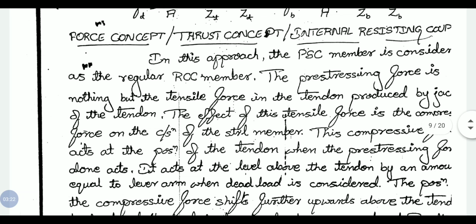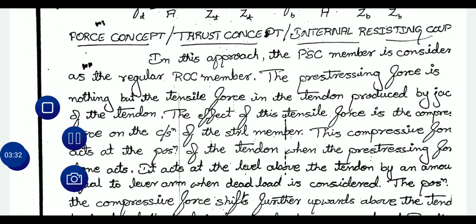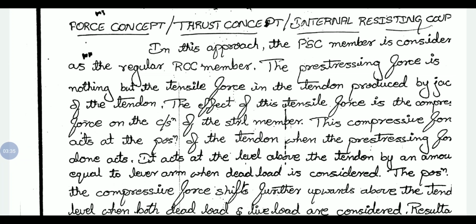Next concept is force concept. It is also called thrust concept or internal resisting couple. In force concept or thrust concept, as we know, we are applying tensile stresses or tensile forces on the tendons, or the steel cable, that we are providing for the application of pre-stressing force.